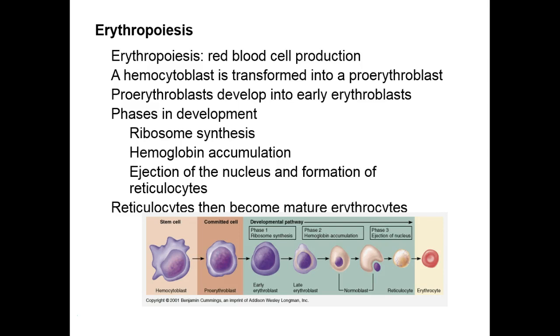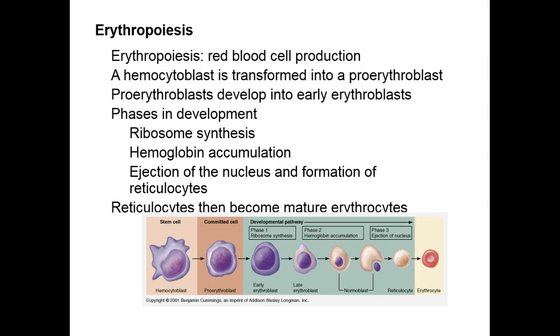So that hemocytoblast is the same stem cell that makes all the formed elements, and this is under the guidance of chemicals, growth factors and hormones that are differentiating the hemocytoblast and what it's putting out, whether it be a red blood cell or white blood cell.